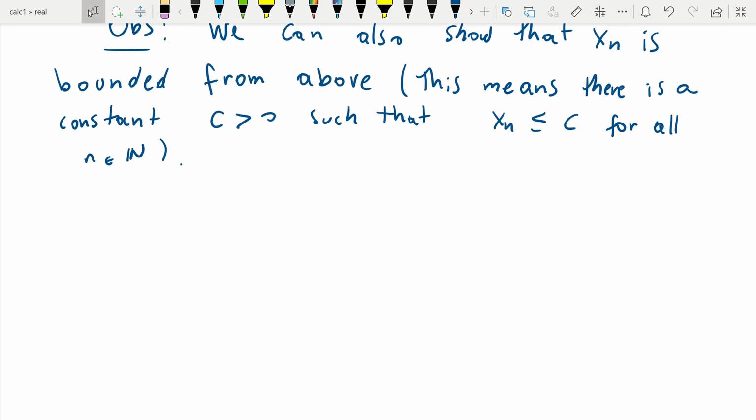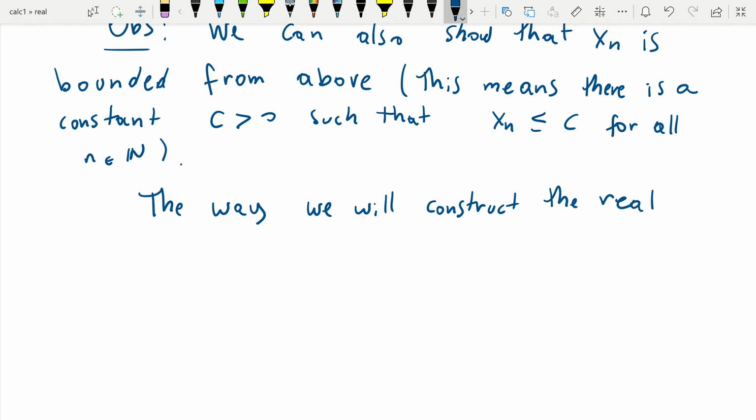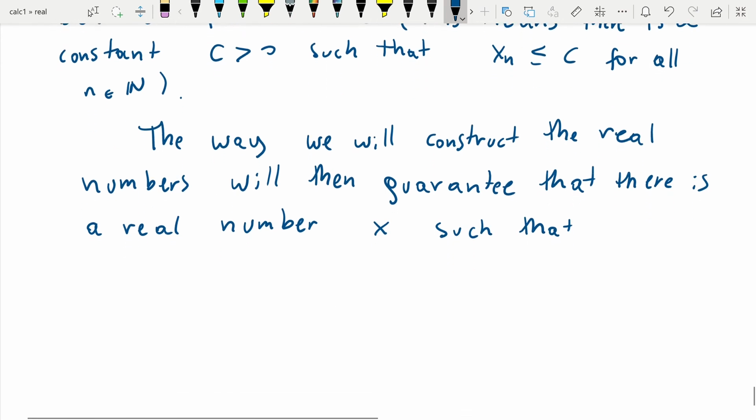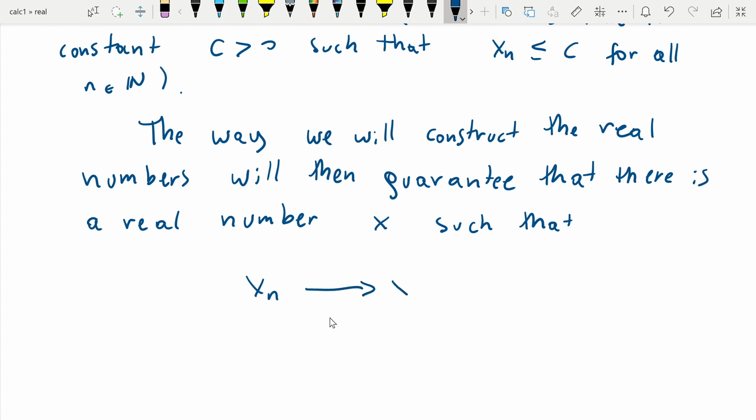The way we'll construct the real numbers will then guarantee that there is a real number x such that xn tends to x as n goes to infinity.